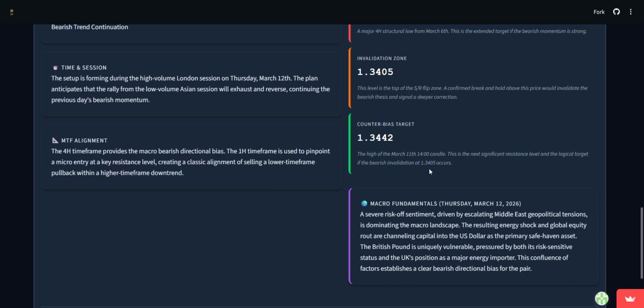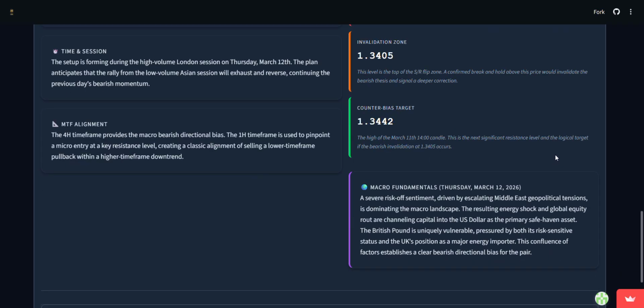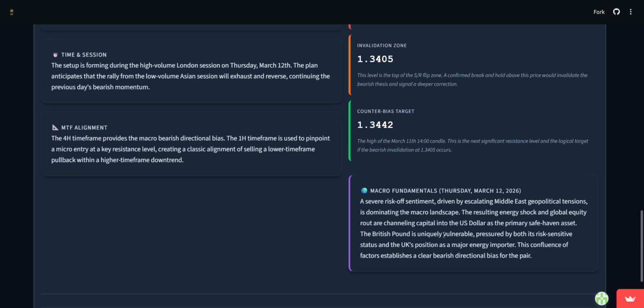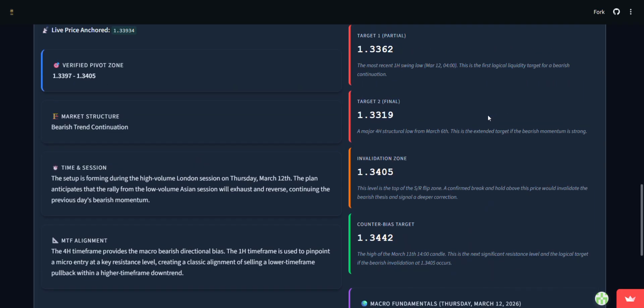The severe risk of sentiment driven by escalating Middle East geopolitical tensions, blah blah. The resulting energy shock is now channeling capital into US dollars, the primary safe haven. The pound is uniquely vulnerable, pressured by both its risk sentiment status and the UK's position as a major energy importer. This confluence of factors establishes a clear directional bias for the pair.